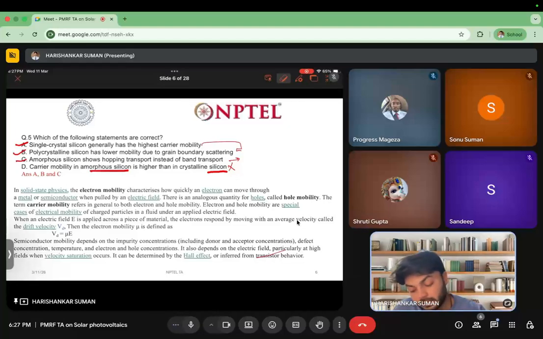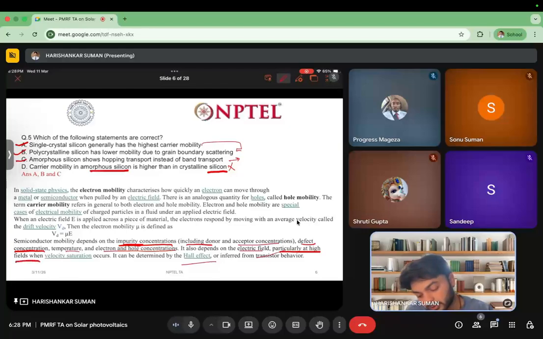And how can we determine this experimentally? Via the Hall effect. In a semiconductor, mobility will depend on impurity concentration, including both donor and acceptor, defect concentration, temperature, and electron and hole concentration. It also depends on the electric field, particularly at high field, when velocity saturation occurs.